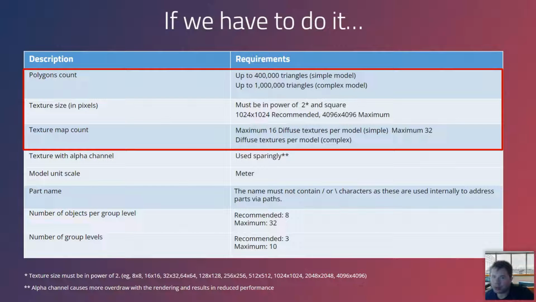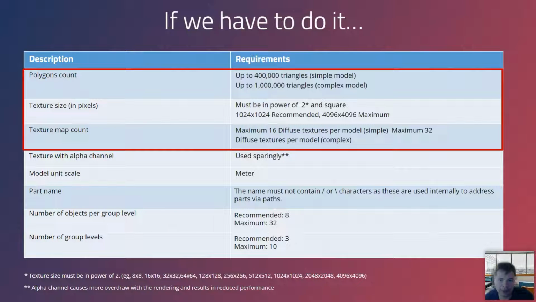When we're using those models, for polygon count, it would be nice to have 100,000 triangles, and it could go up to 1 million. Now, a few years later, we can say it's still very good when you have 400,000, and that's a lot of triangles to use, believe me. Then when we are talking about the textures, there are some requirements, right? I will explain it a little bit better in a second.